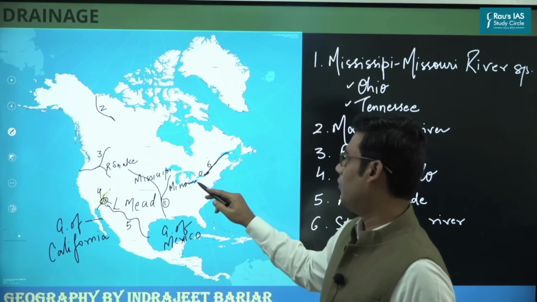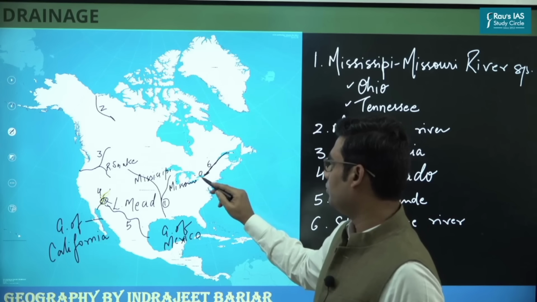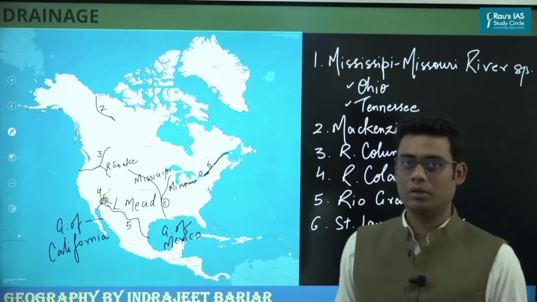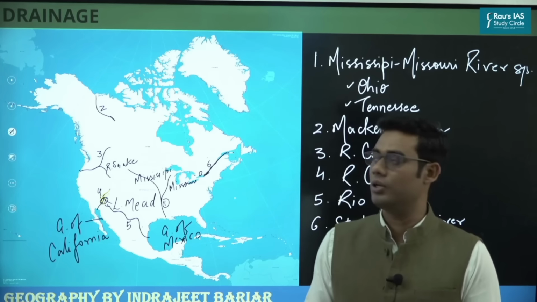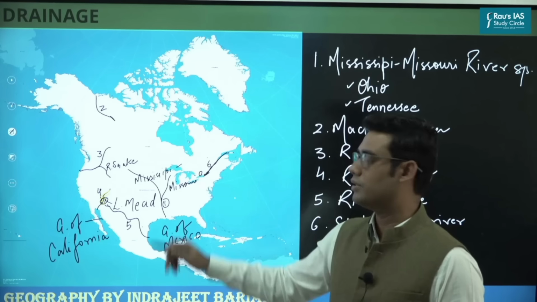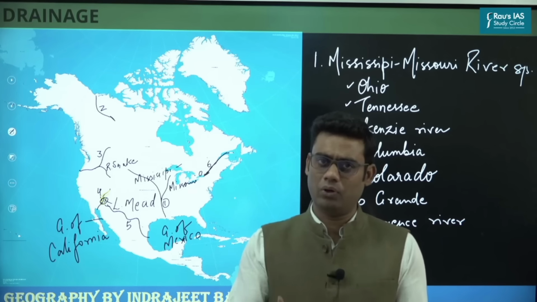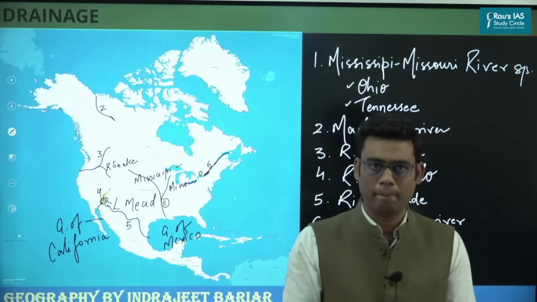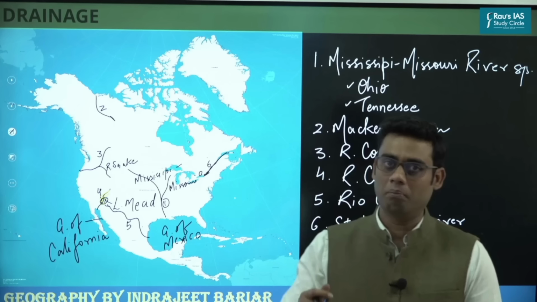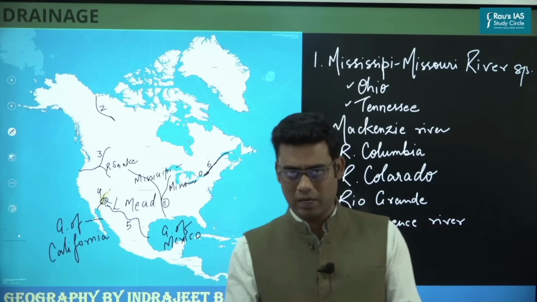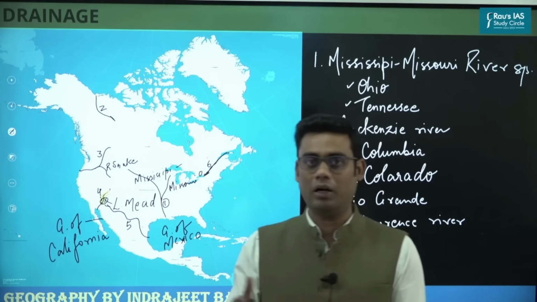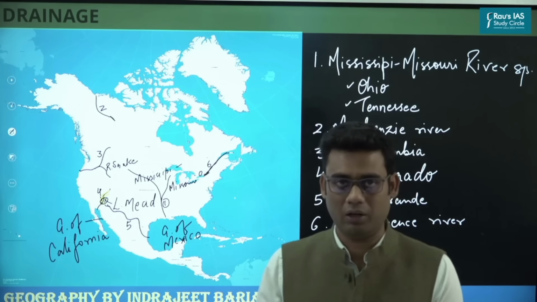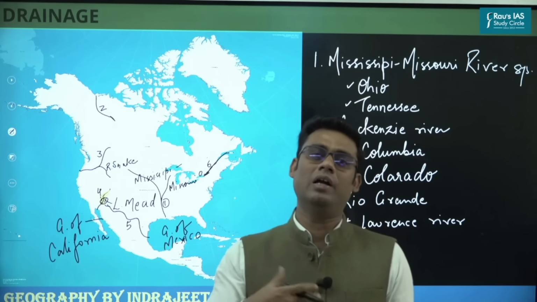The idea is that this river actually originates from Lake Superior itself. Then it flows between different lakes and finally emerges out of Lake Ontario. Between different lakes, for example between Lake Superior and Lake Michigan, or between Lake Michigan and Lake Huron, it goes by different names.